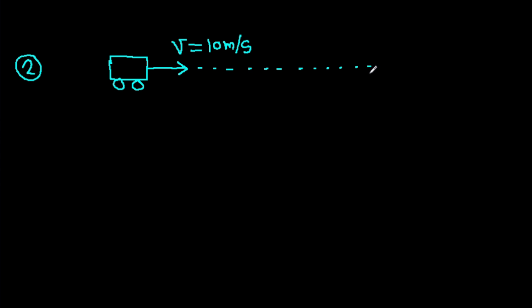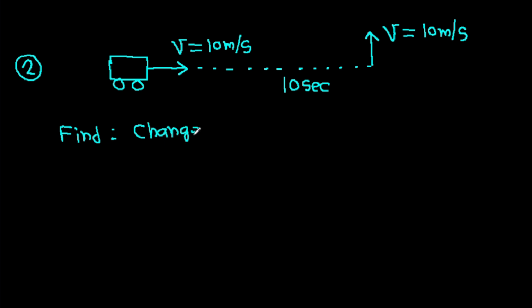Example 2. A car is moving along east with speed 10 meter per second, and after 10 seconds it is moving along north with speed 10 meter per second, and we have to find change in velocity and average acceleration.